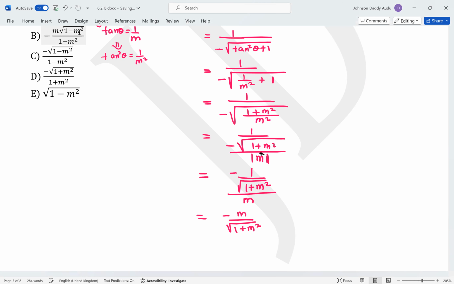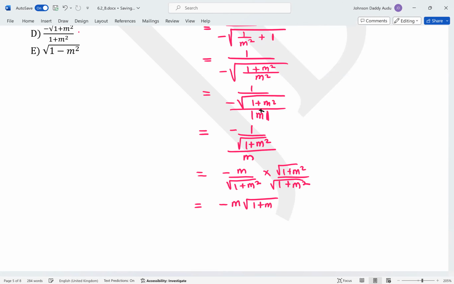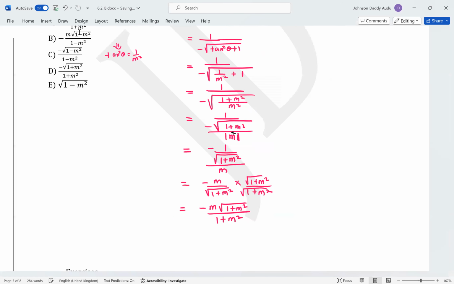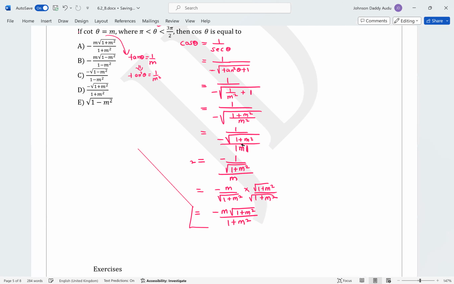Then we rationalize. Once we rationalize, this will become minus m root of 1 plus m squared, divided by 1 plus m squared. So that is the solution here.